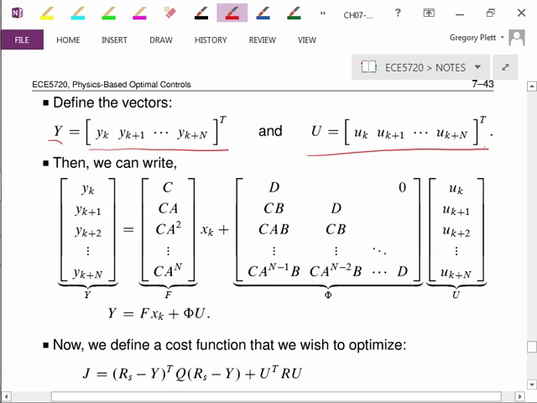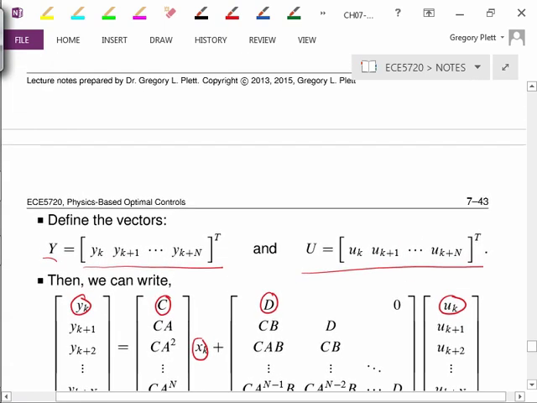And when we do this and we go through the equations on the previous page, we know that y at time k is equal to c times x at time k plus d times u at time k. That one we know. But if we want to do yk plus 1 equals c times xk plus 1 plus d times uk plus 1.